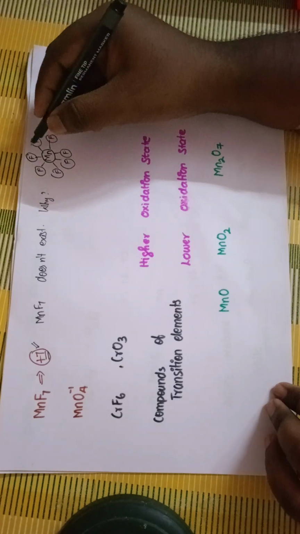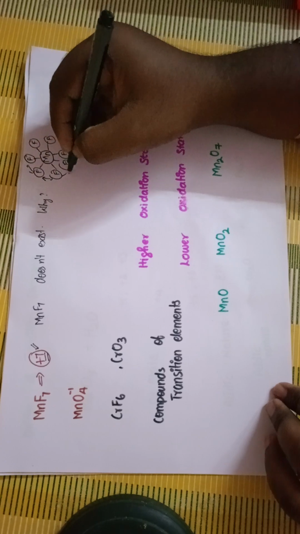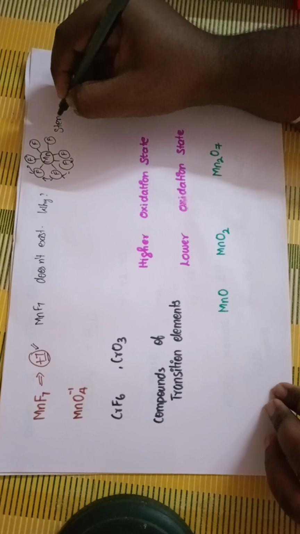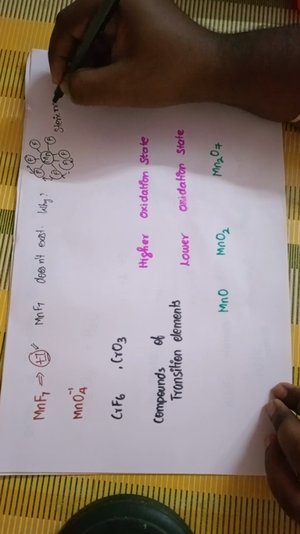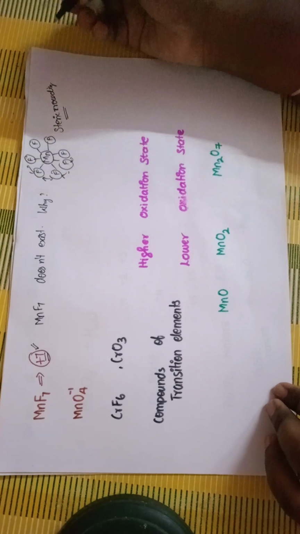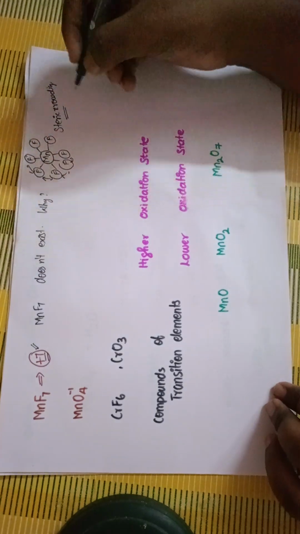They will repel each other. This repulsion is known as steric crowding. Steric crowding is very large in MnF7. That's why MnF7 doesn't exist, even though it is a possible oxidation state.